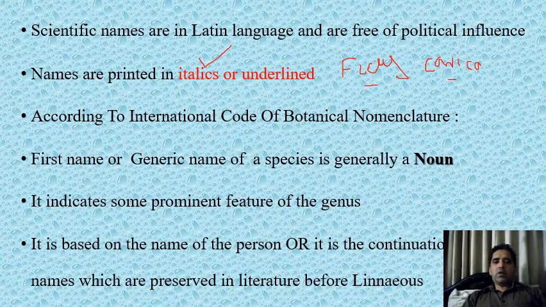Next, according to the International Code of Botanical Nomenclature, the first name is the generic name, here Ficus, and it is generally a noun. It may be based on some feature of the plant, or on the name of a person who identified the plant, or a third reason is the continuation of those names which were preserved in the time of Carolus Linnaeus, who is considered the father of taxonomy.